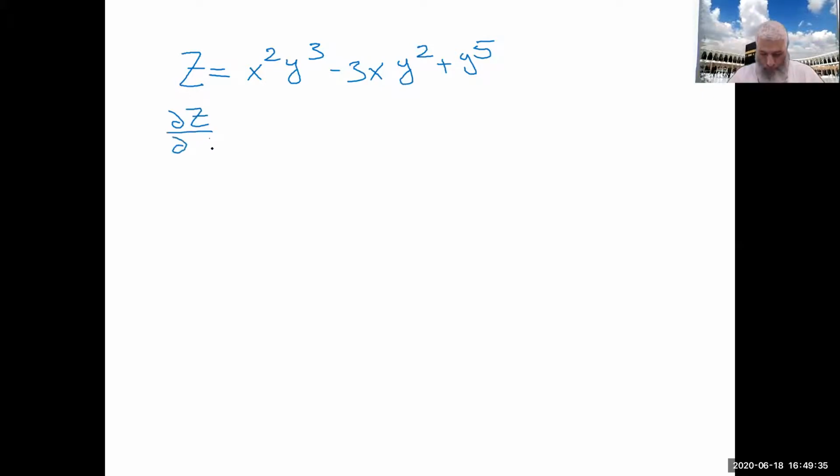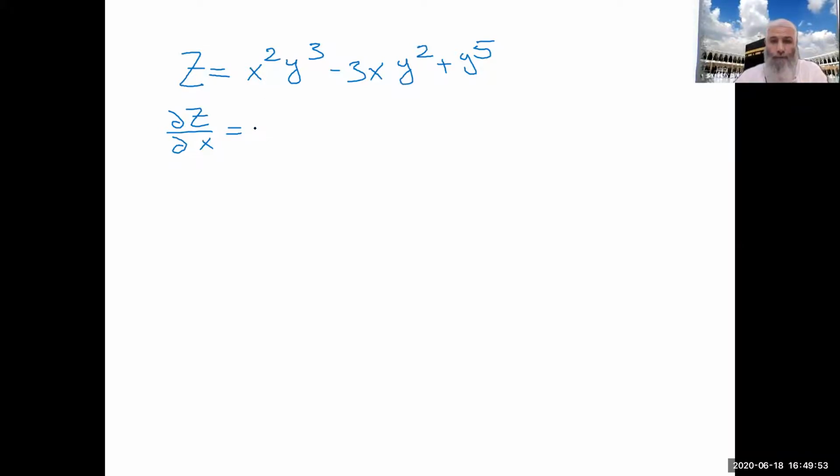Now, the function is z equals x squared y cubed minus 3xy squared plus y power 5. Now we will calculate dz/dx. So this is with respect to x, so y is a constant now. What is the derivative of the first term?